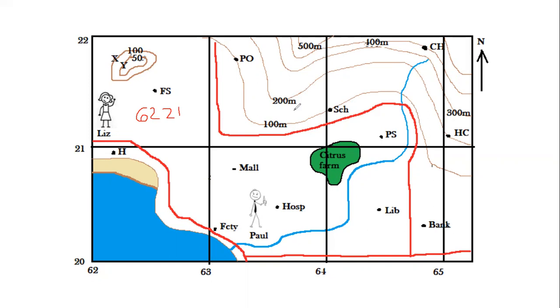So I want you to look for the feature that represents the library, which is an abbreviation. Remember, we said that map features are in symbolic forms and in abbreviations. All right. So what is the feature or the symbol on the map that represents the library?